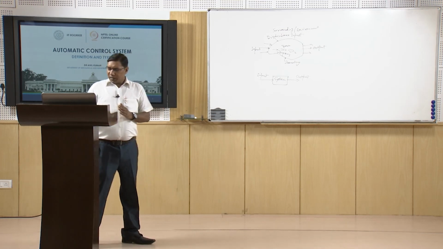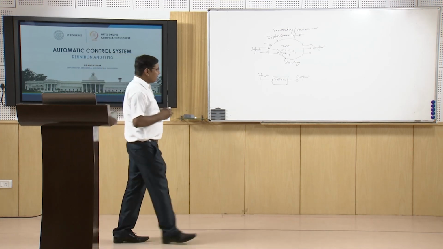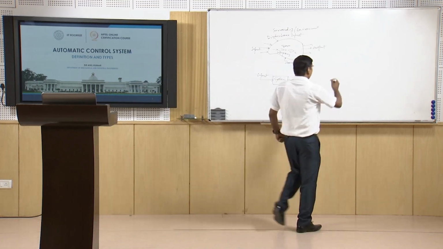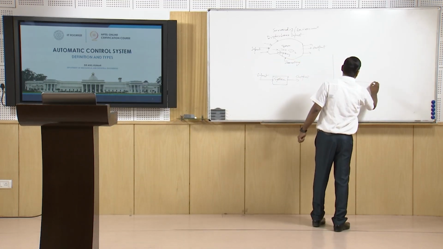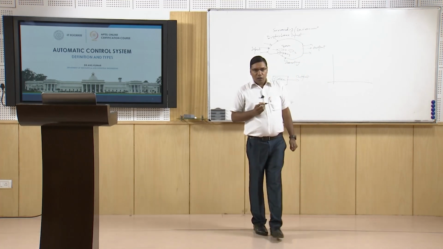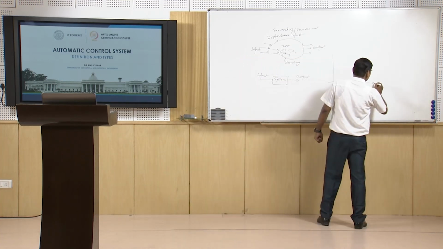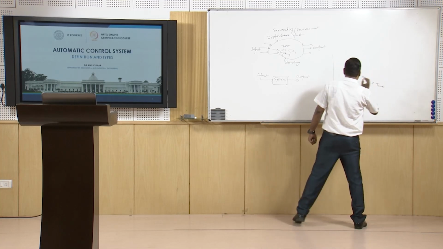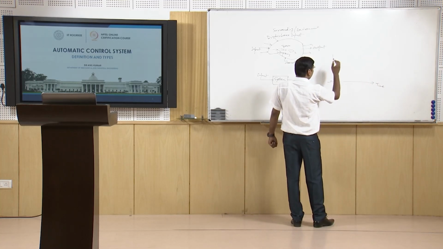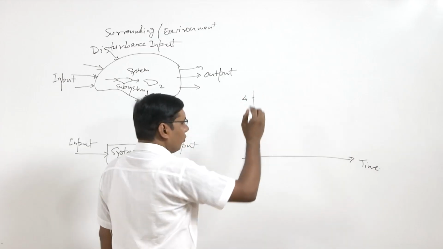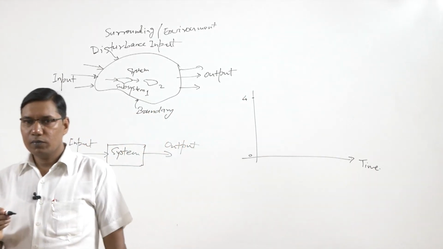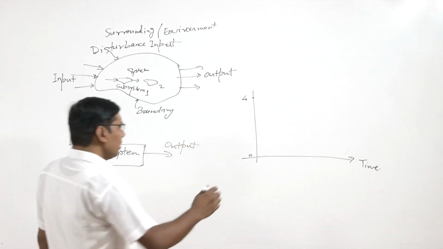We can see here an elevator. So suppose this is time. Let's say we are at the ground floor and we want to go to the 4th floor. So we give some input command 4.